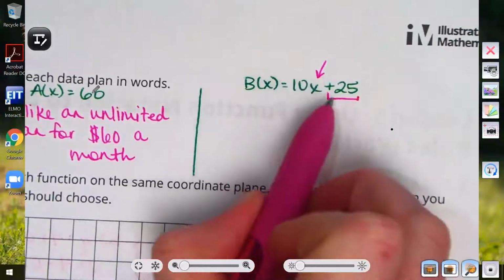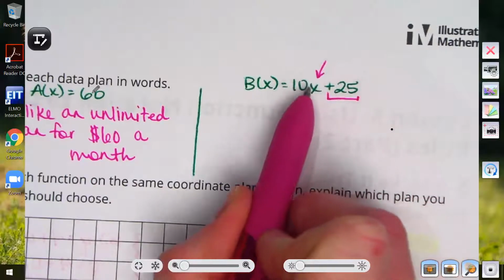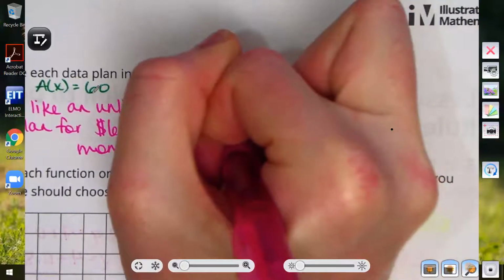Okay, so we have a starting fee of $25, and then every gig she goes over is gonna be an additional what? $10. Okay, so let's write that down.